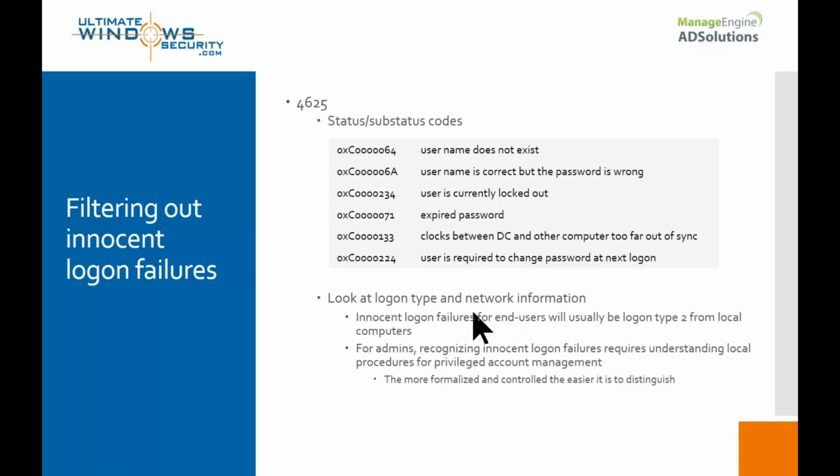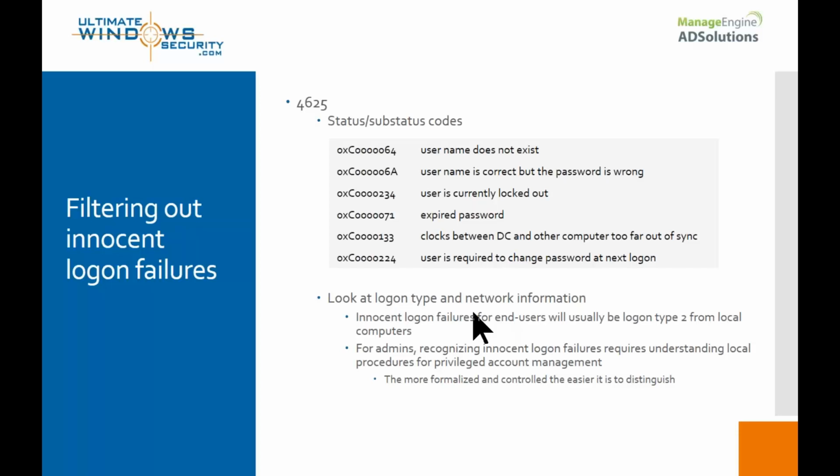As an example, let's say that you require administrators to use a SAW, a Secure Administrative Workstation. All right, so should you see failed logon attempts originating or targeting other systems other than the SAW?